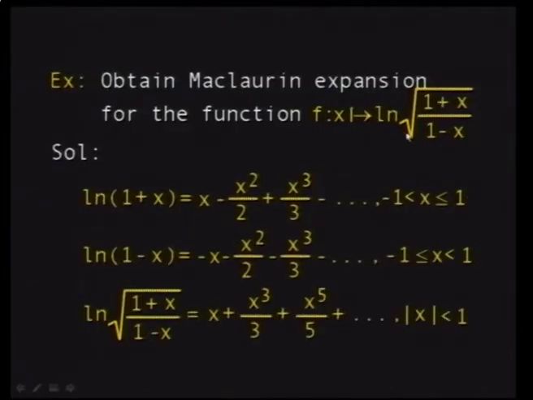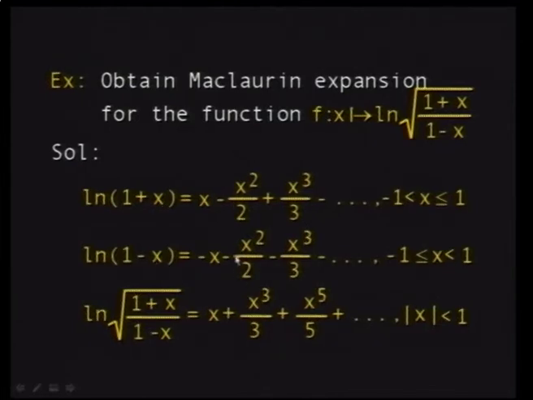Here again, the logarithm of square root of 1 plus x over 1 minus x. Again, this is easy. Either you integrate 1 over 1 plus x, but since we will not be using this, you can use the logarithm of 1 plus x. We had it in the table, and you substitute x by minus x, so you have this one.